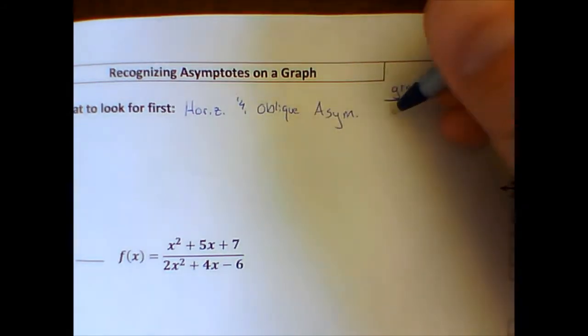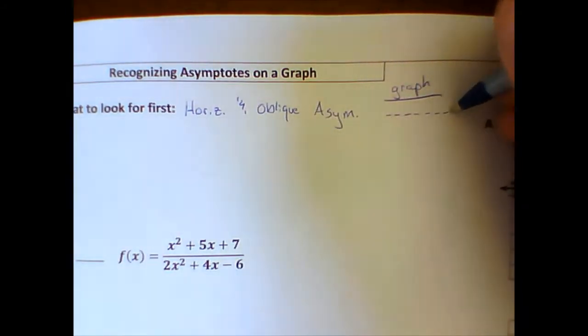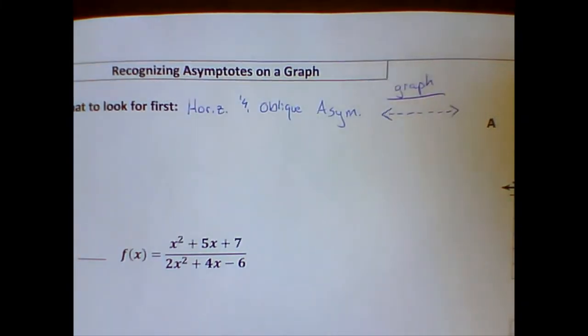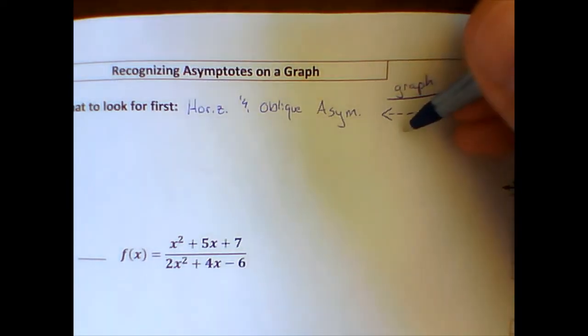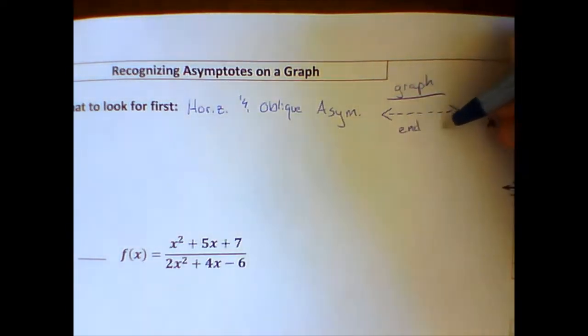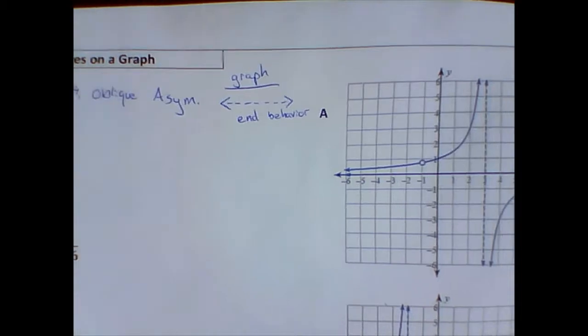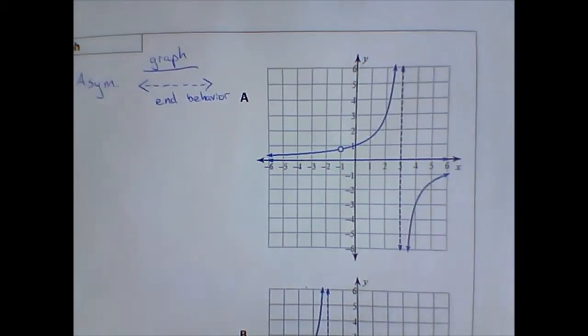On some graphs, you'll find a dotted line, and that will indicate a horizontal asymptote. Usually you don't get them for slant or oblique asymptotes, but some graphs will give you the dotted line. If it doesn't give you a dotted line, look at end behavior on the far left and the far right.